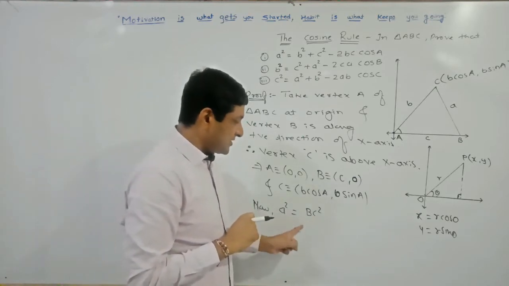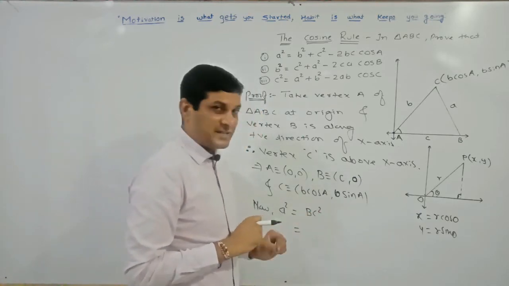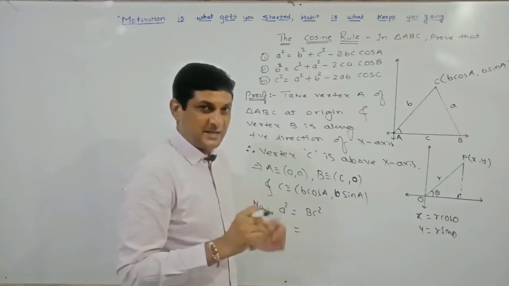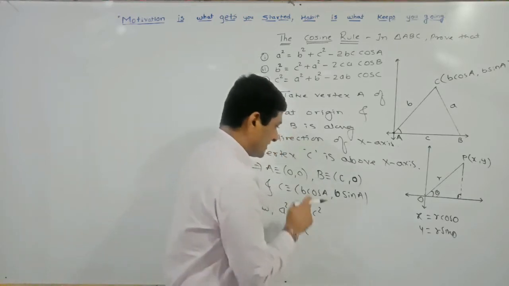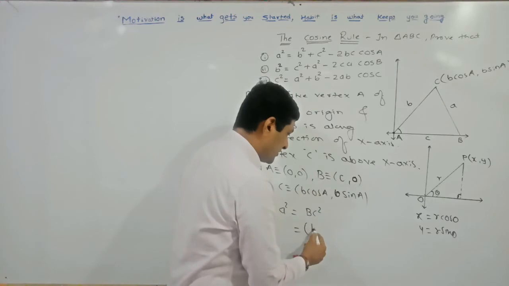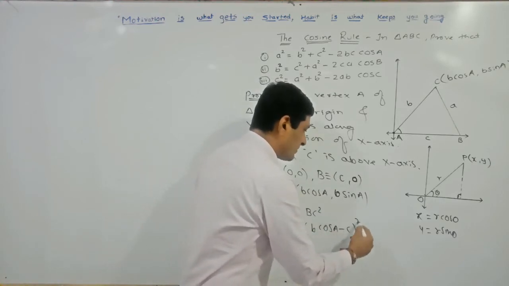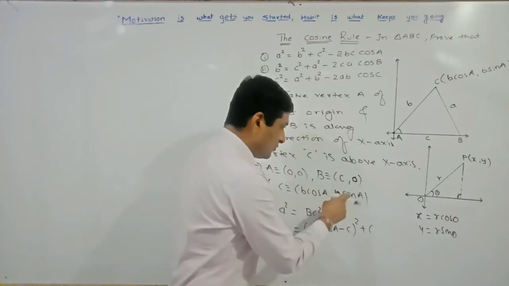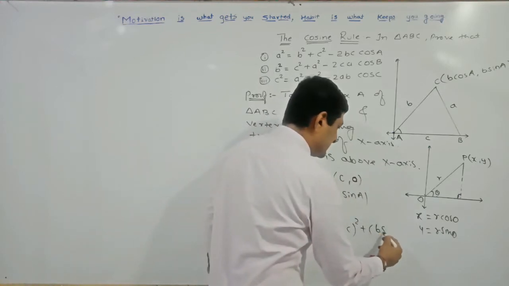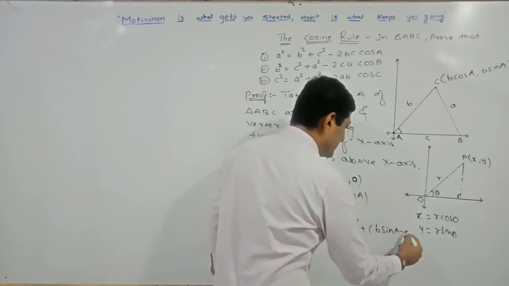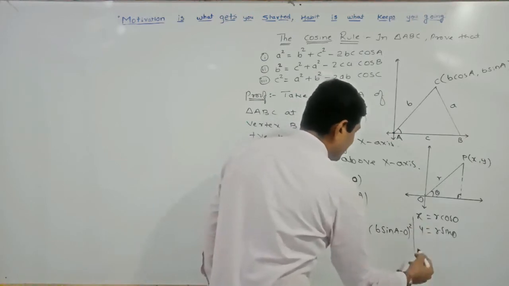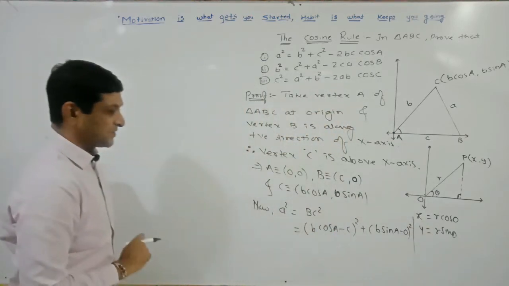But here it is not necessary to take the root because the square is already there. Because of this square, the root will get eliminated. Now here x2 minus x1 means what we will get here? B cos A minus c whole square plus y2 minus y1 means B sin A minus 0 whole square. Okay, so the remaining part is just to simplify it.